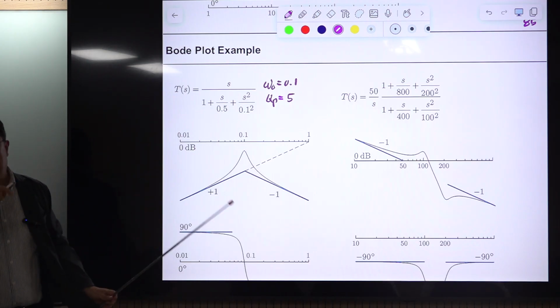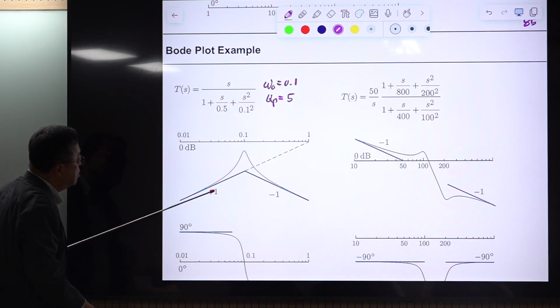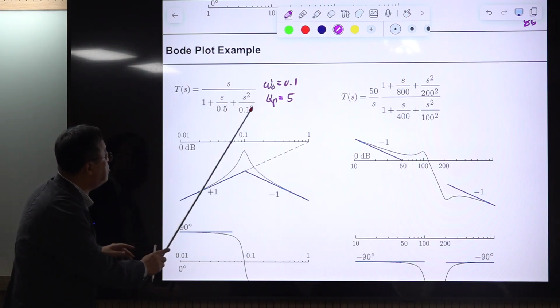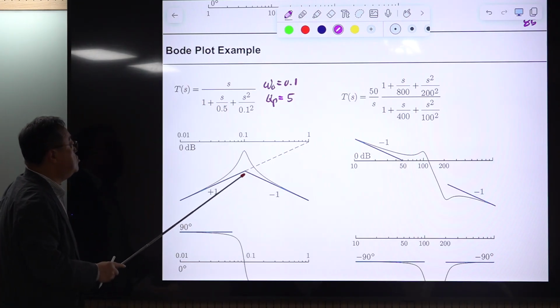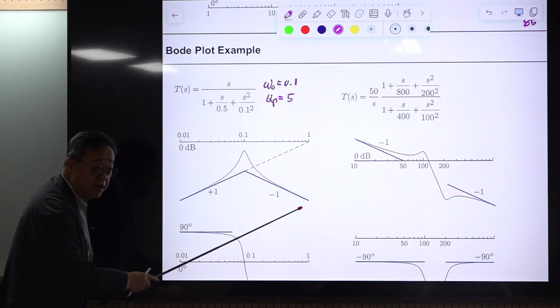So plus 1, plus 2, minus, that is a very good way of writing this down, okay? The slope was plus 1, and due to this double pole, the slope is reduced by 2, so it is minus 1, like this, okay?